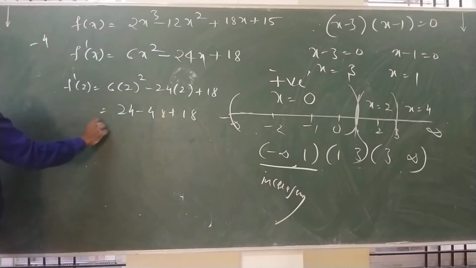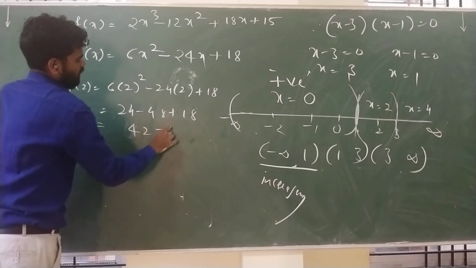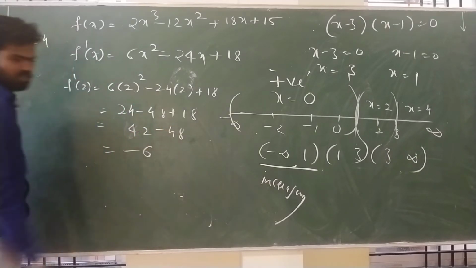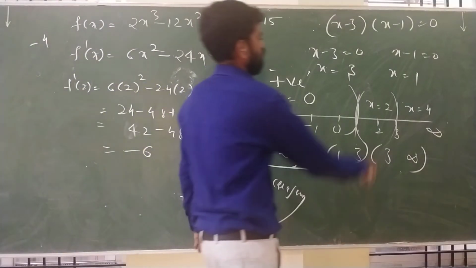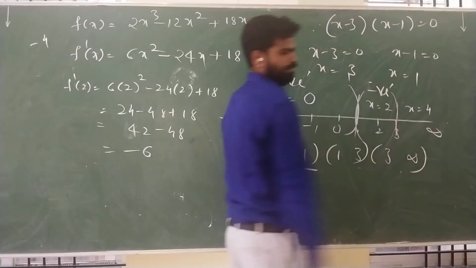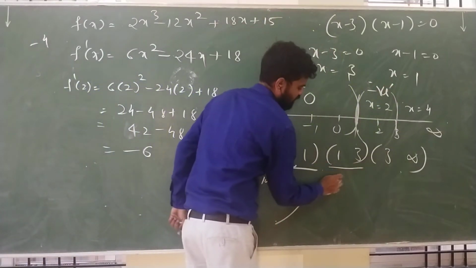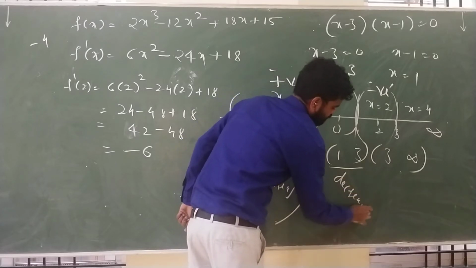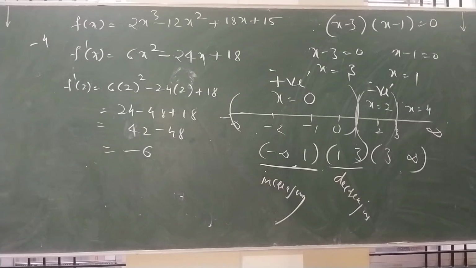So 18 plus 24 is 42, minus 48, therefore equal to minus 6. So ಅಂದ್ರೆ ಏನಾಯ್ತು, ಸೆಕೆಂಡ್ ಇಂಟರ್ವಲ್ ಶುಡ್ ಬಿ ನೆಗೆಟಿವ್. ಸೊ ಇದೇನು ಬರ್ತಿದೆ ನೆಗೆಟಿವ್ ಬರ್ತದೆ. ಸೊ ನೆಗೆಟಿವ್ ಅಂದ್ರೆ ಏನ್ರಿ, therefore the 1 to 3 is the decreasing. Second one, the interval of 1 to 3 is the strictly decreasing.